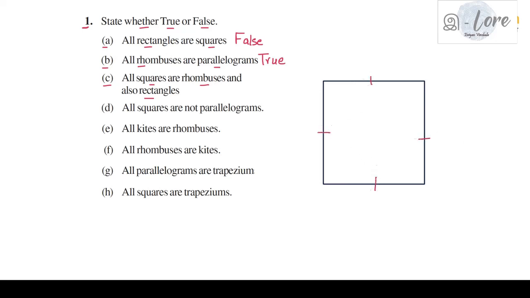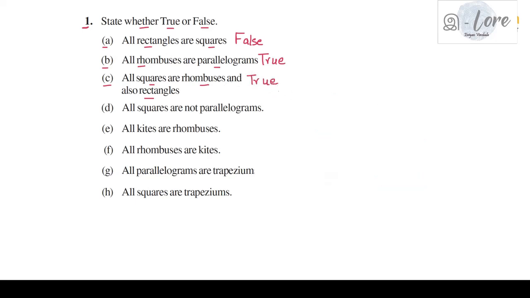So a square is a rhombus, and also in a square all the angles at all the vertices are 90 degrees. So a square is also a rectangle. Because all sides of a square are equal, it is a rhombus, and because all angles of a square are 90 degrees, it is also a rectangle. So the third statement, that all squares are rhombuses and also rectangles, is also true.